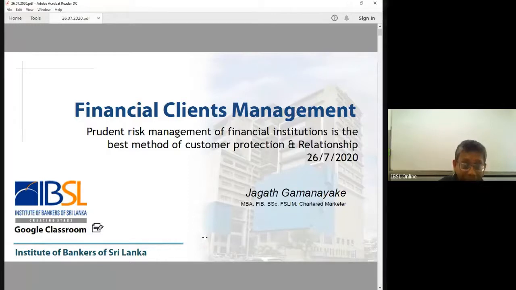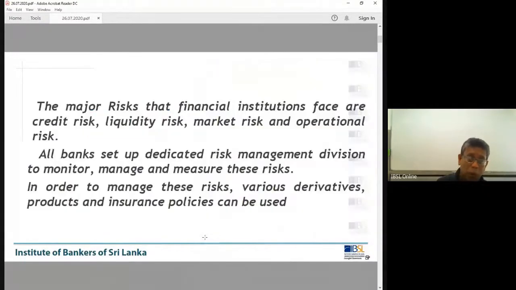So that we have discussed, and now we are going to look at it from a different angle, right? Okay, let's look at it. The first one: financial institutions usually face four main types of risk.